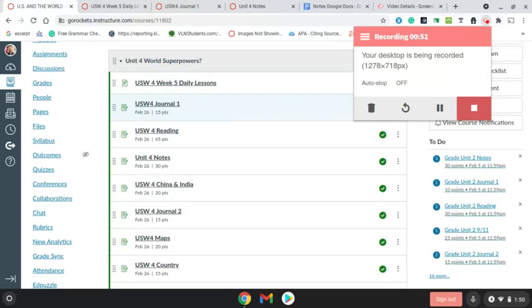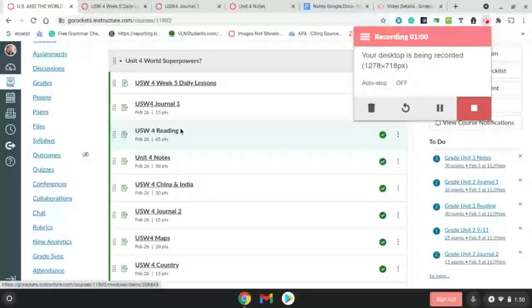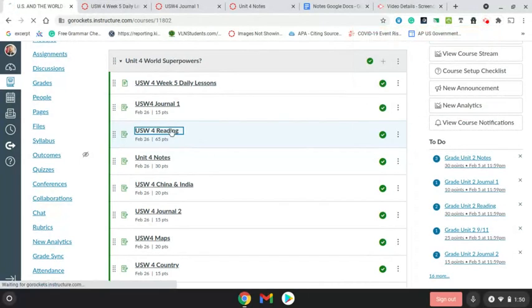But now that everybody should be done with the journal, the reading is the third item down on the module page, so make sure that you look at that. The page itself has the chart, so if you click on that, please make sure that it is working properly and that it makes you a copy.